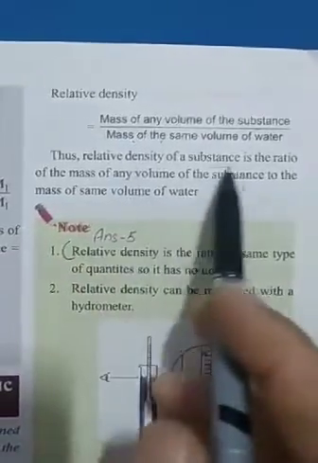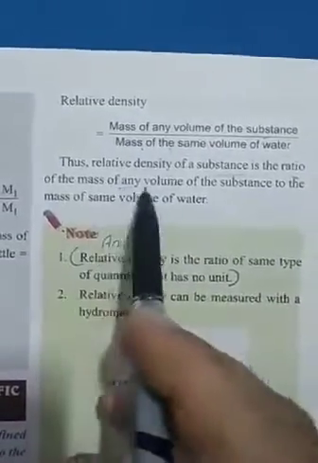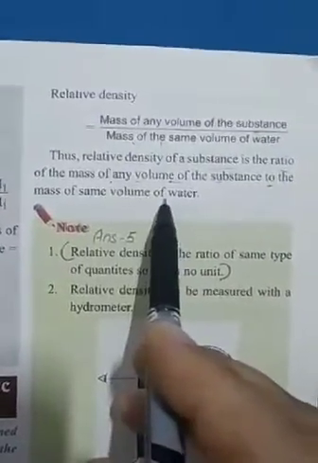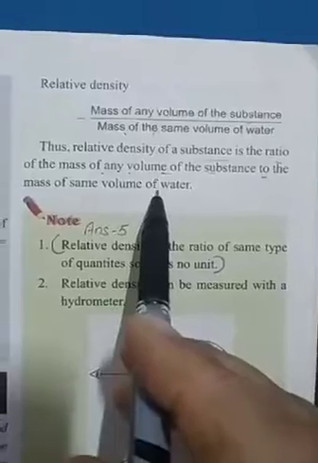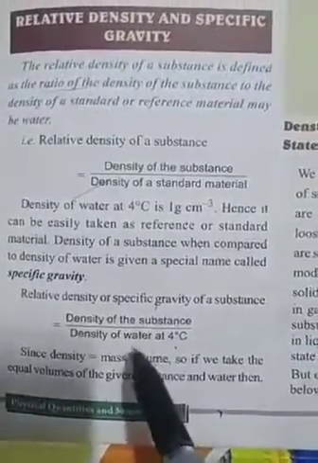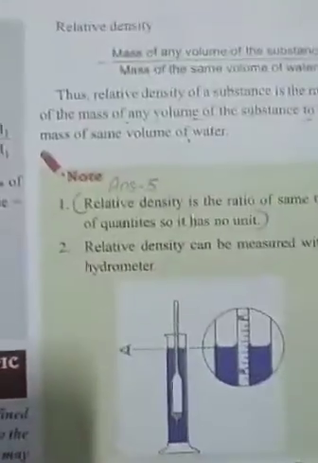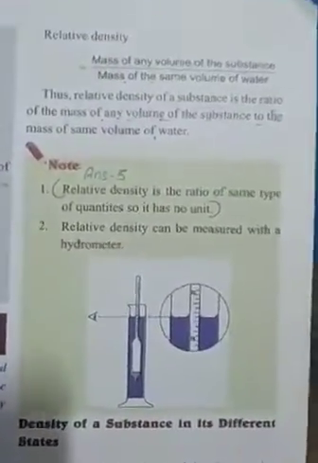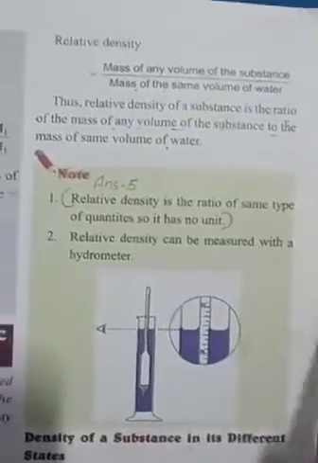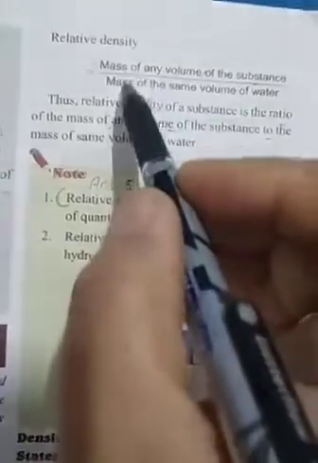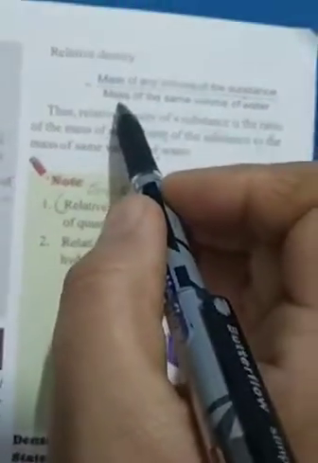So relative density of a substance is the ratio of the mass of any volume of the substance to the mass of the same volume of water. So relative density can be found in two ways, either by comparing densities or by comparing masses. These are the two formulas to find out relative density or specific gravity. So it is mass divided by mass.